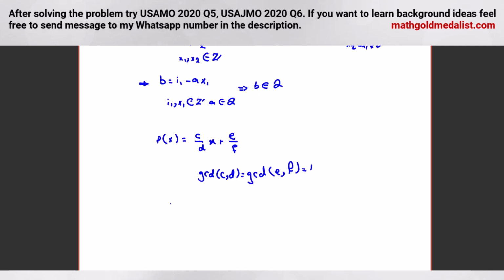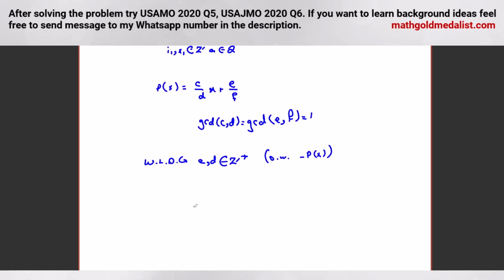Do you agree with the without loss of generality? We can consider C and D positive integers. Why can we say this? Because otherwise it can be negative; we can consider negative P of x, right? And when P of x is good, negative P of x is also good, right?